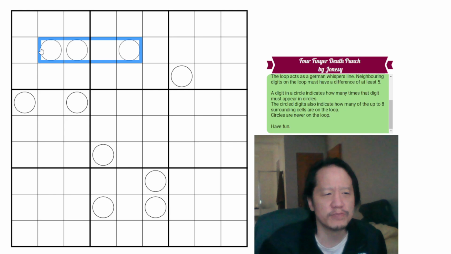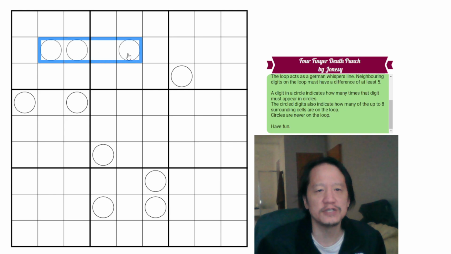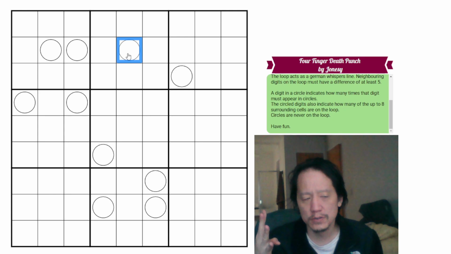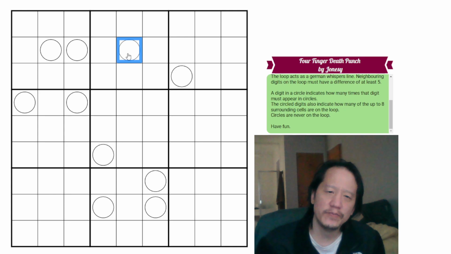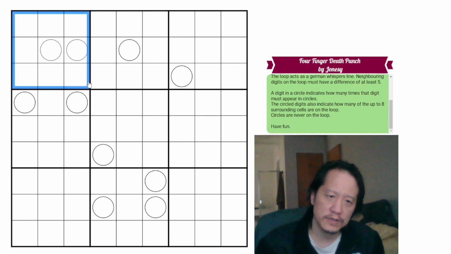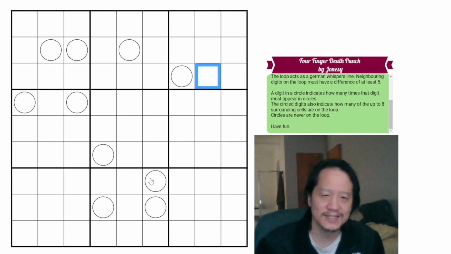So the possibilities in the circles are 1, 2, 3, 4, or 1, 2, and 7. Except that there's 1, 2, 3, 4, 5, and 6 boxes.